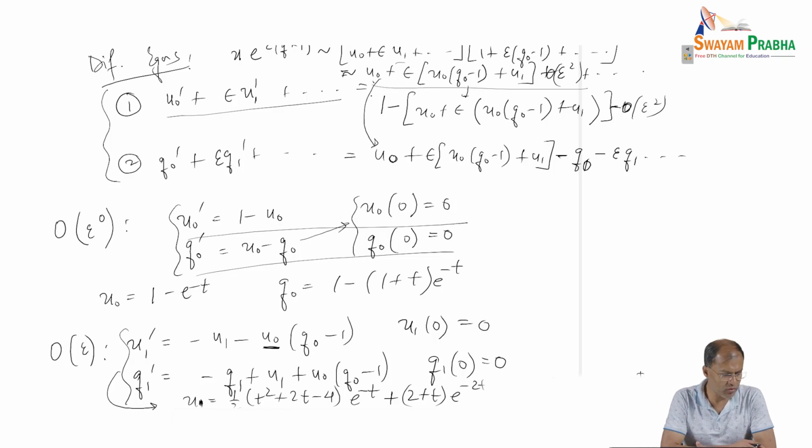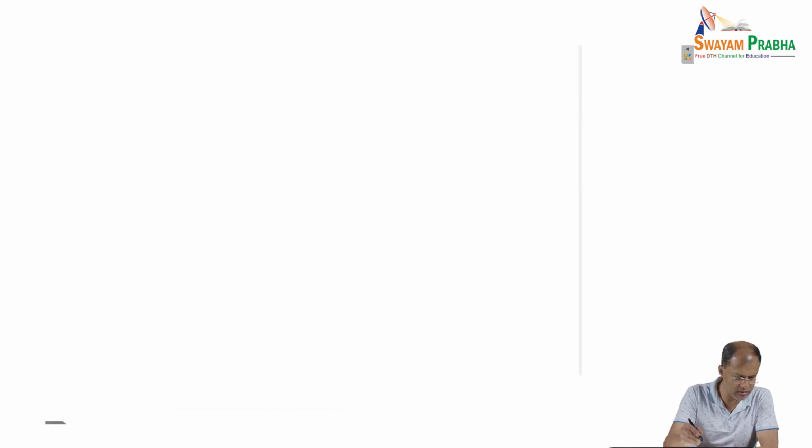So these are my two solutions, and with u1, q1, u0 and q0, we will be able to write the two-term expanded form of the solutions for u and q. So the final form of the solution will be u of t is u0 plus epsilon u1.